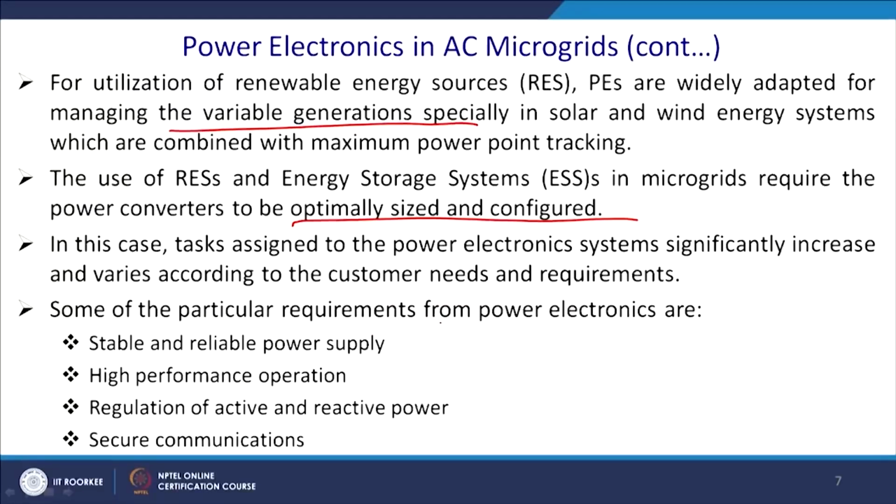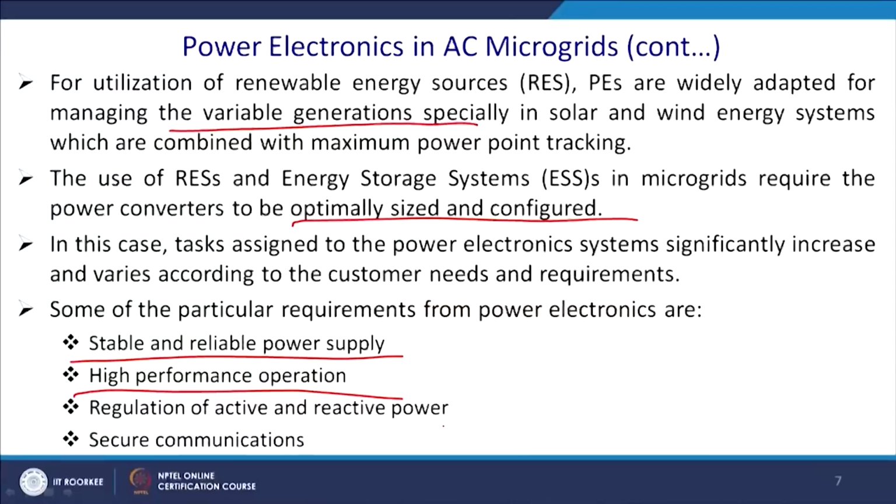Some of the particular requirements from power electronics are: we want the microgrid to be operated with a stable and reliable power supply. High performance operation, that means it is free from power quality issues.